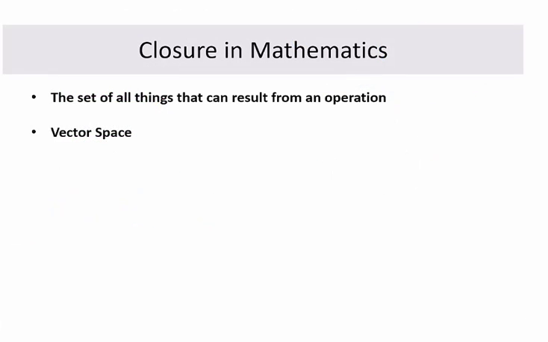Another important concept in this course is the concept of closure. This refers to the set of all things that can result from an operation. Now think of a vector A and an operation, say a scalar operation, lambda A. We are interested in finding the set of all possible vectors that can result from this operation, and we call that set a vector space.